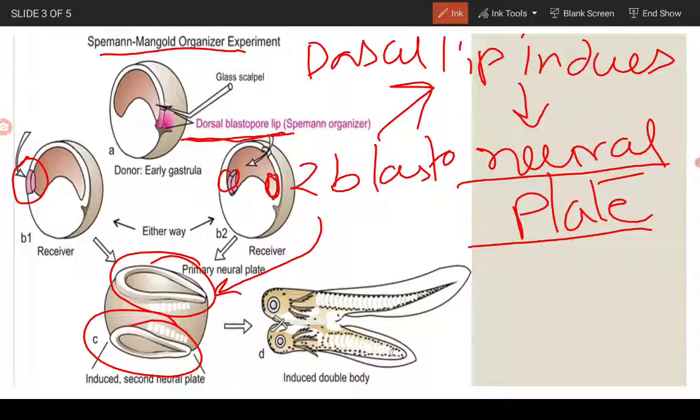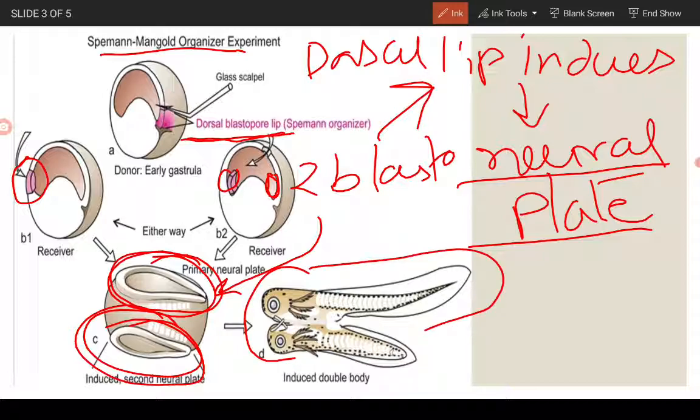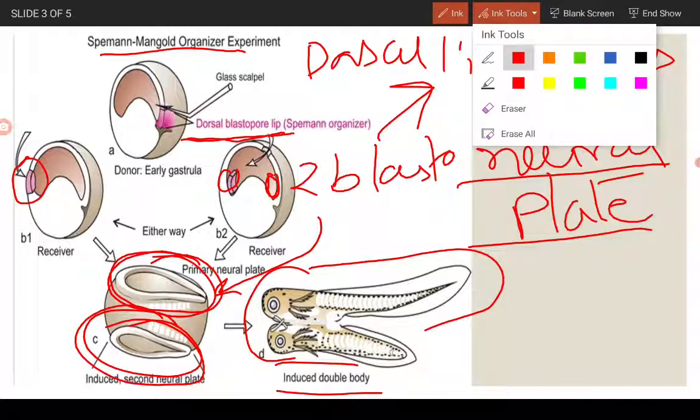Hence, two primary organizers and two head regions would be formed in the same organism. Induction of a double body would occur. So this was the experiment.